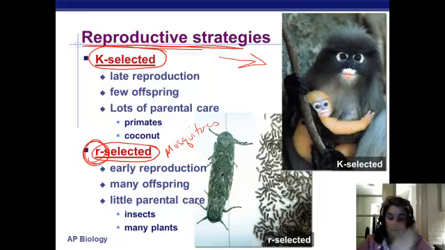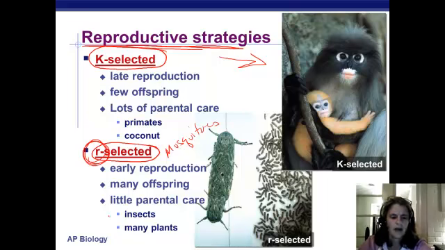They reproduce almost right away from the time that they become adults. They have as many offspring as they can. They don't take care of any of them, and they just hope that some of them survive. So they're going to blast the environment with a ton of offspring and hope that they survive, and their life cycle is quick so that they can do it all again in the next generation very rapidly.